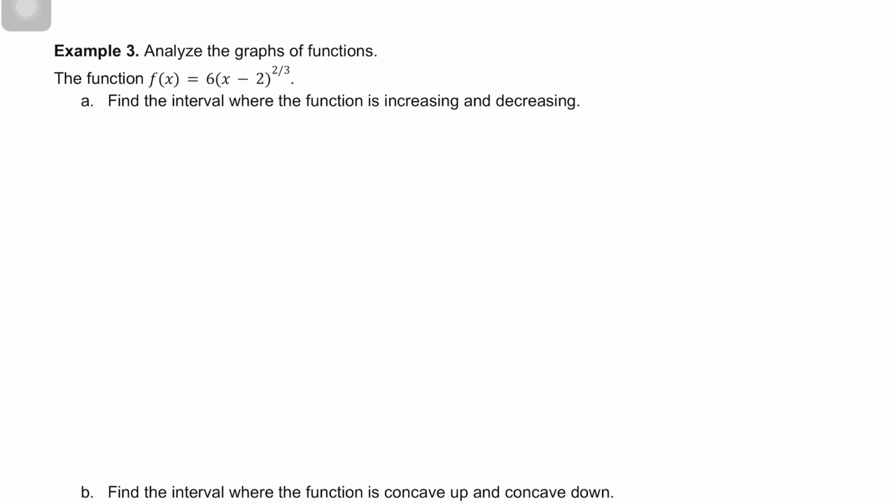So I'll label them here. We find the x values such that the first derivative is 0 or the first derivative is undefined. Let's take the derivative of this first.